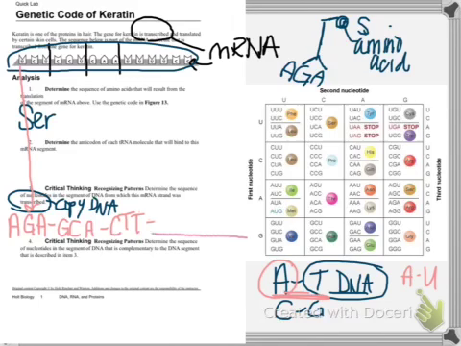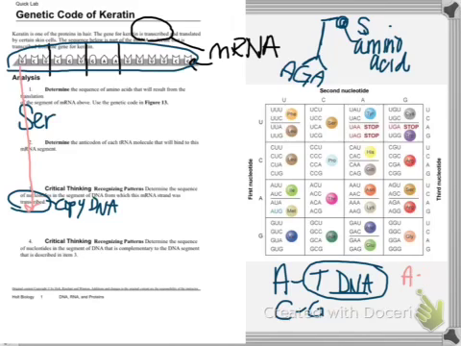Number 4 then is asking, determine the sequence of nucleotides in the segment of DNA that complements the DNA segment that's described in item 3. So basically that is asking you to tell me what the other strand of the DNA is. So what complements these?